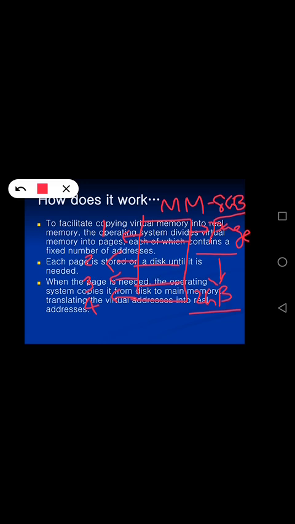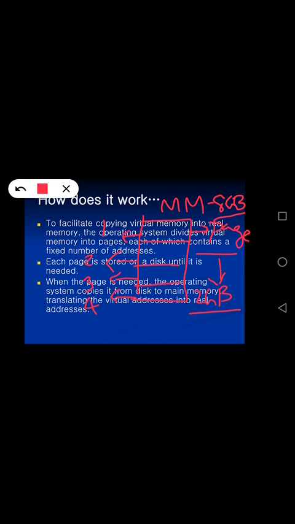When the page is needed, the operating system copies the particular page from the disk to main memory or physical memory. Why?